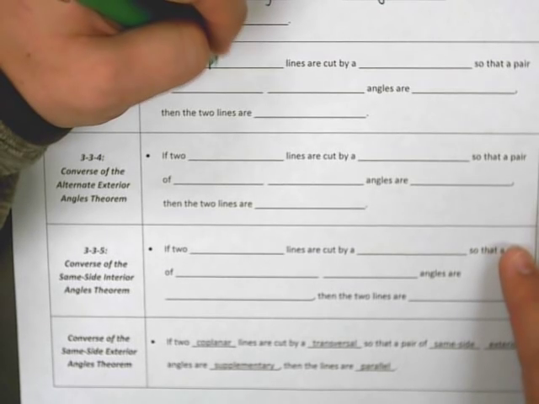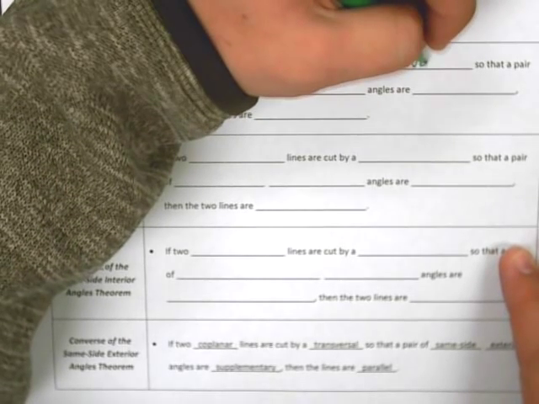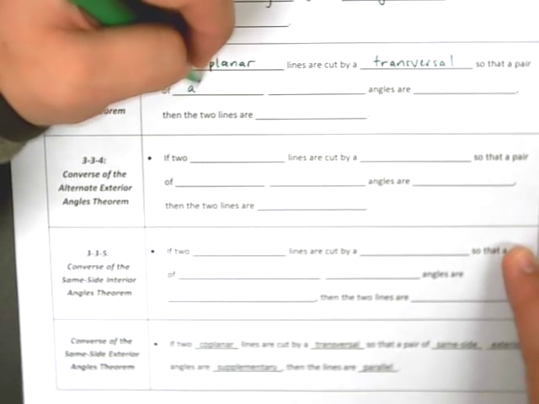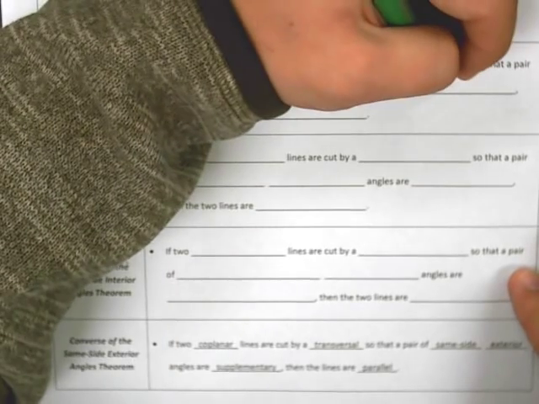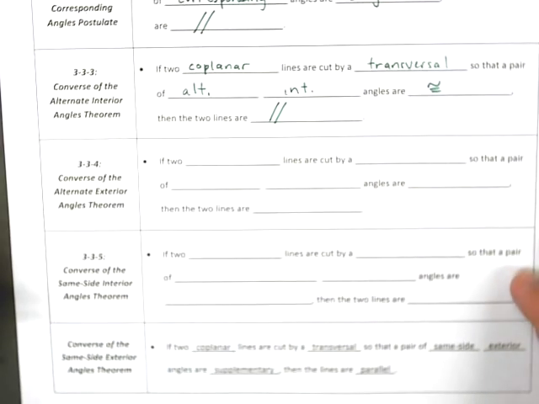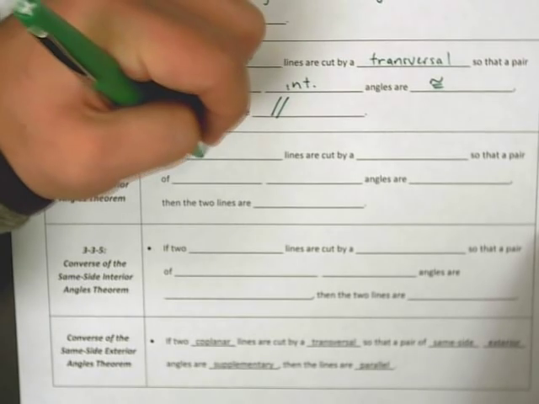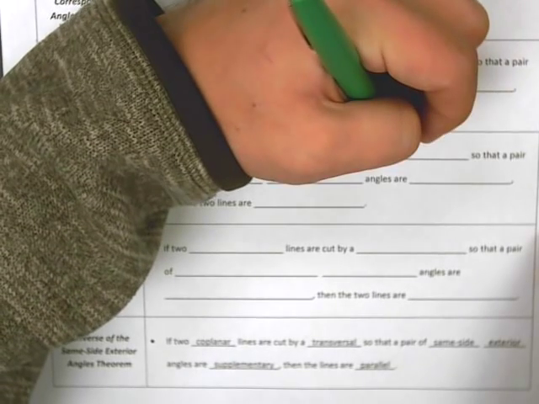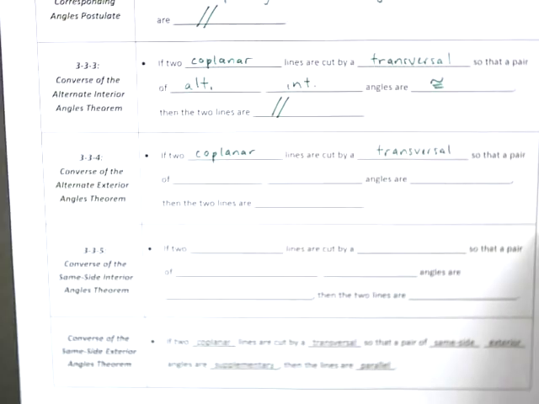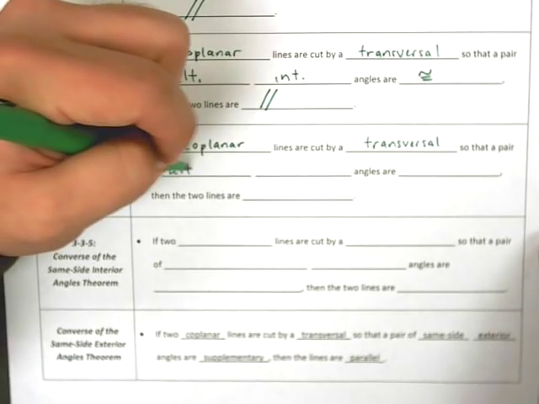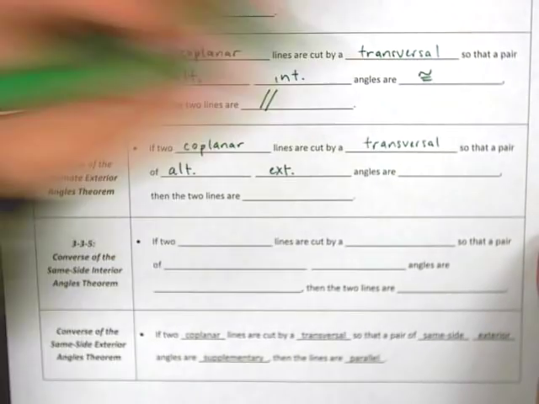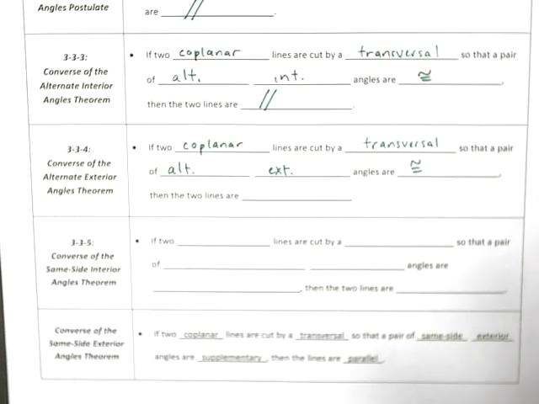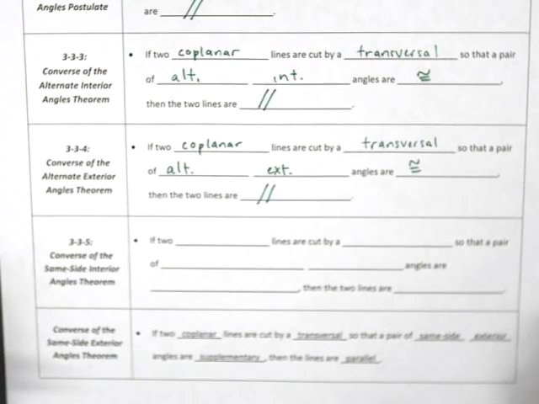If two coplanar lines are cut by a transversal so that a pair of alt-int angles are congruent, then the lines are parallel. Or if two coplanar lines are cut by a transversal so that a pair of alt-ext angles are congruent, then the two lines are parallel.